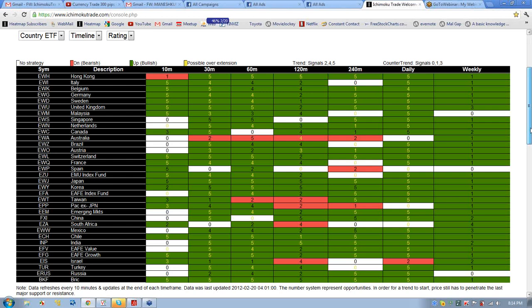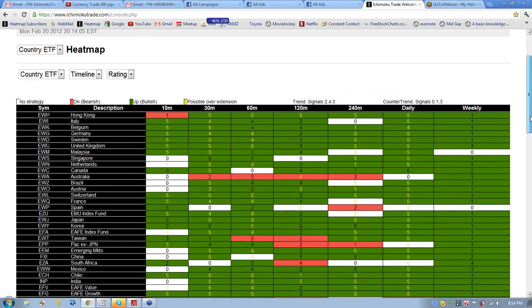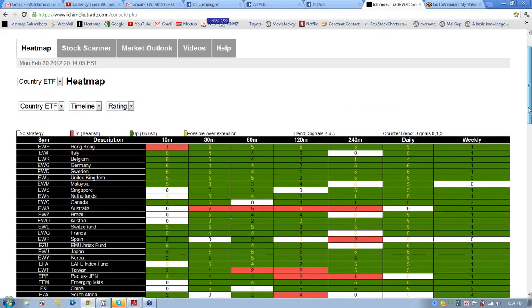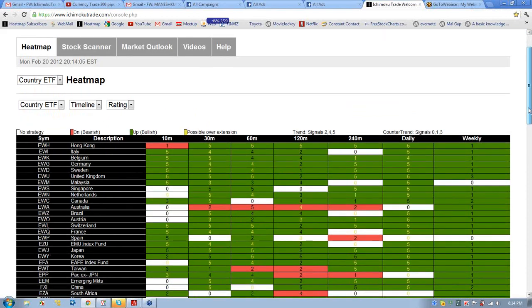So there's various things you could do, and there's no way we could cover everything in this workshop on all the possibilities that you can do with the heat map. But all the data is here where you can go through and start looking at various opportunities. We've gone through and showed you trend opportunities on multiple time frames. We showed you how to look for counter trend when the higher time frames are basically in the zeros and ones.